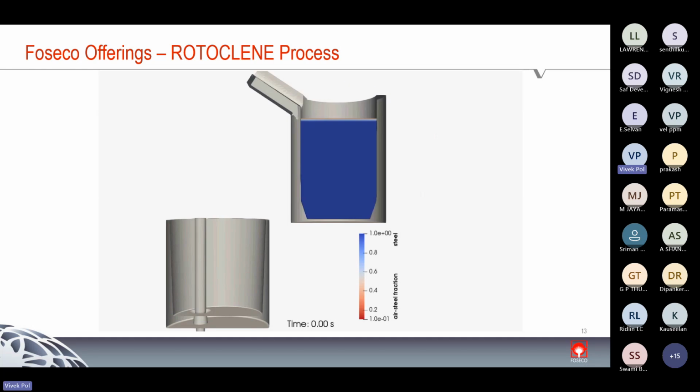Inclusions are crack initiators, and because of that, casting soundness will get compromised. All these defects come if we are not able to remove the inclusions properly.